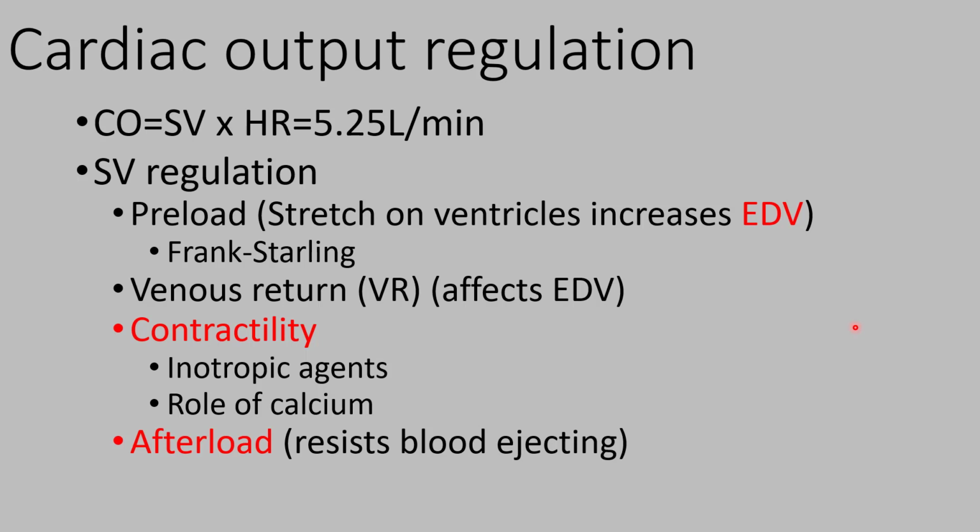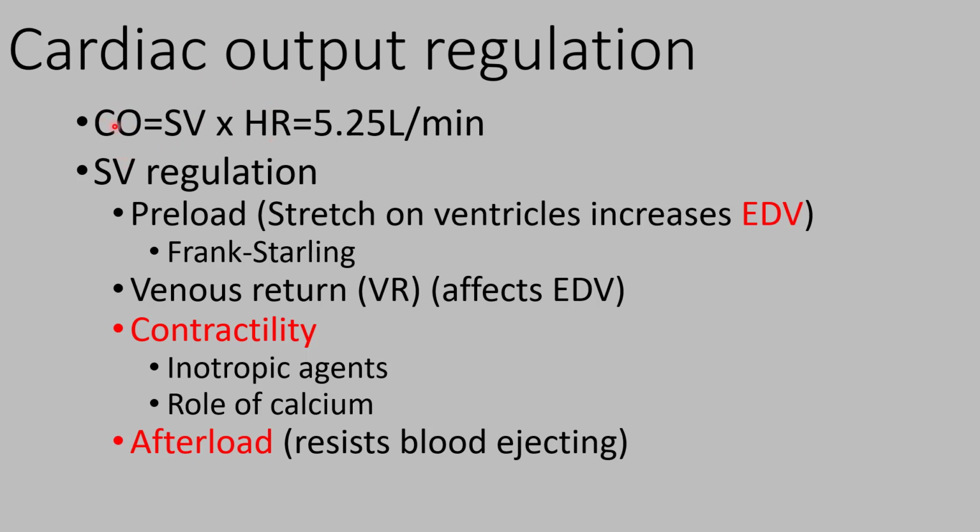Now, the next term is pretty self-explanatory. Heart rate, abbreviated HR. Now, cardiac output, CO, is found by using the equation stroke volume times heart rate. Let's put that all together.